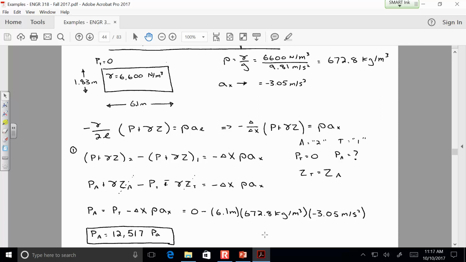Because the hydrostatic equation was delta H times gamma. So here all we're saying is the acceleration isn't gravitational, it's some horizontal acceleration, but we still have a distance between 2 points that the pressure change is accumulating over. So it's an initial pressure and then some change. And so here the pressure at A should be 12,517 pascals.